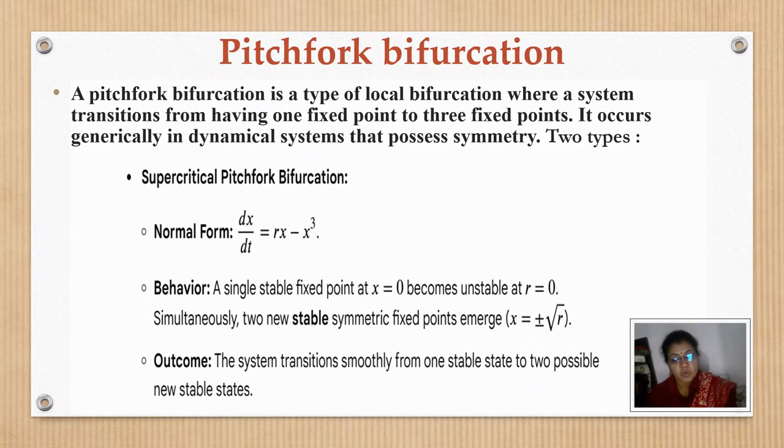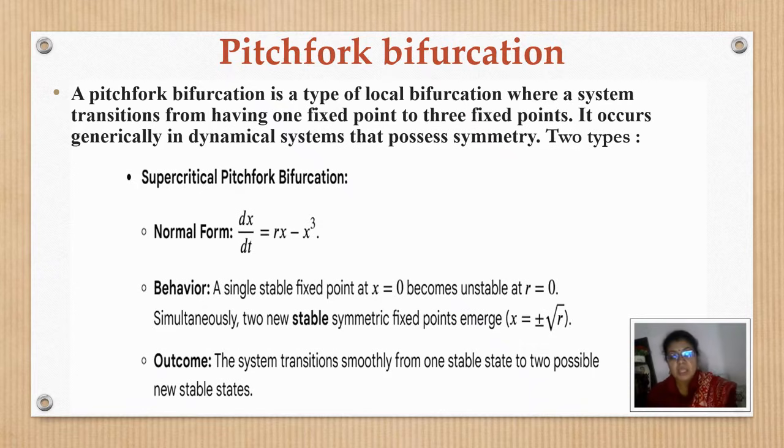So there will be no fixed points for plus root r in the case of r less than 0. In the same way, for x is equal to minus root r, if you take r less than 0, inside the square root you will again end up with a negative value. So no fixed points for r less than 0 for x star is equal to minus root r.